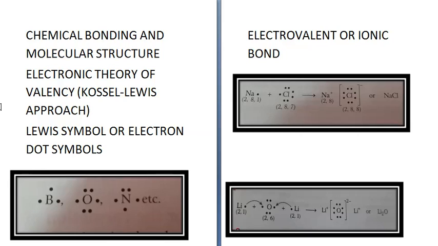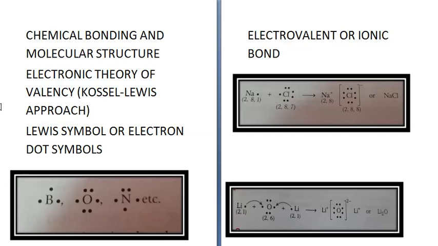Now this concept that the formation of a bond takes place due to the tendency of constituent atoms to acquire noble gas configuration is called the Kossel-Lewis approach. Now let us study the electronic theory of valency.